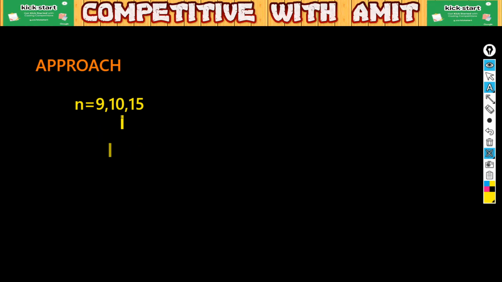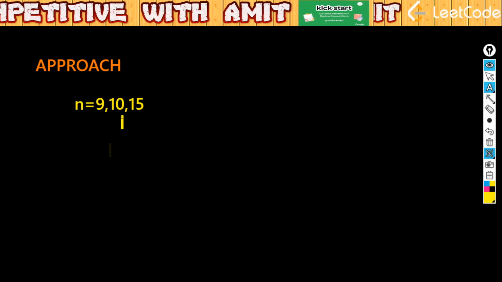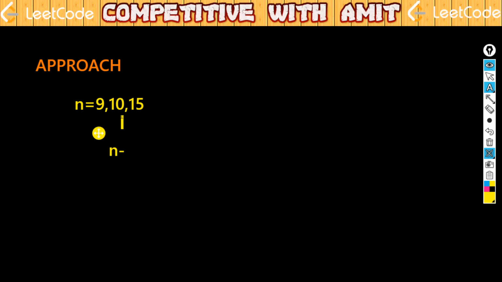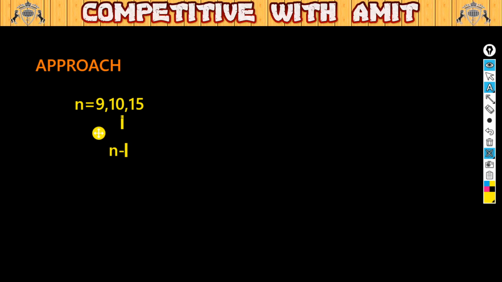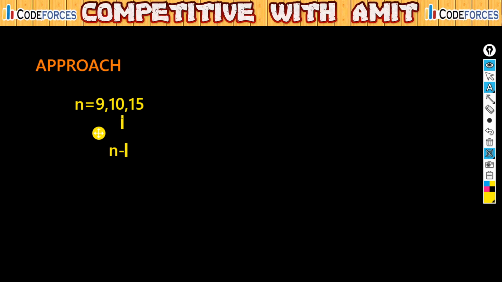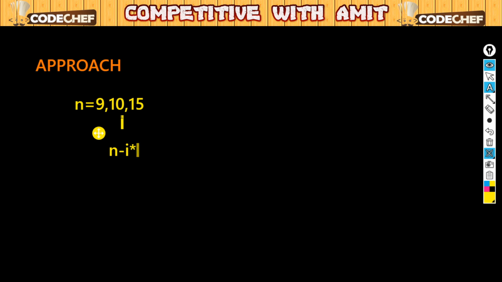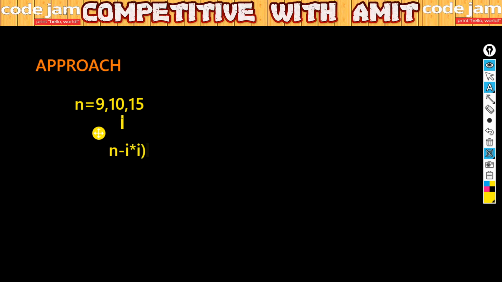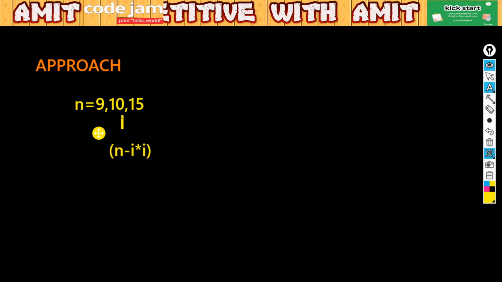Now we will check the second condition: that the number can be represented as n minus some square. Meaning if I multiply i into i, the remaining value should be a square of something.